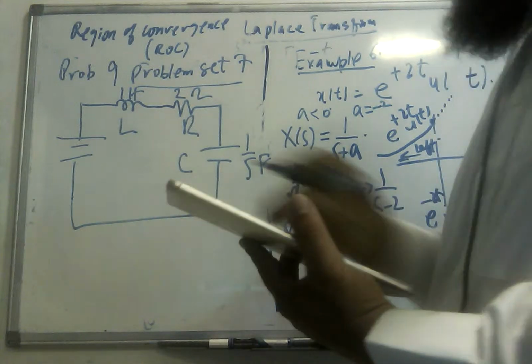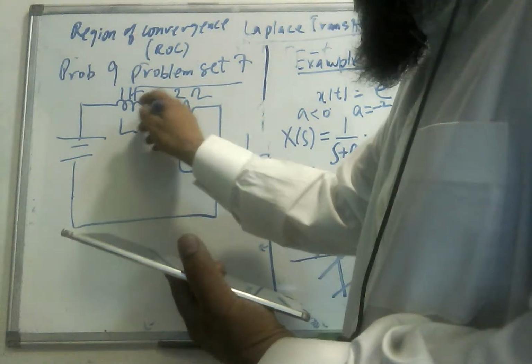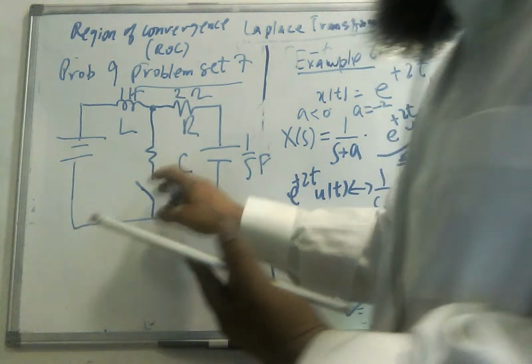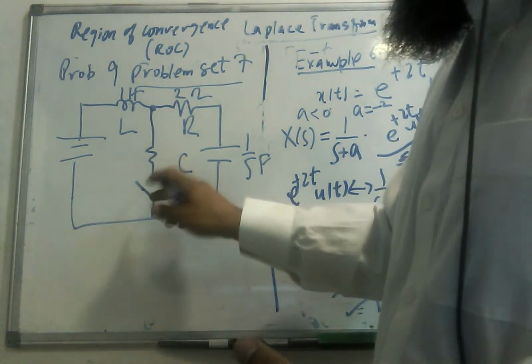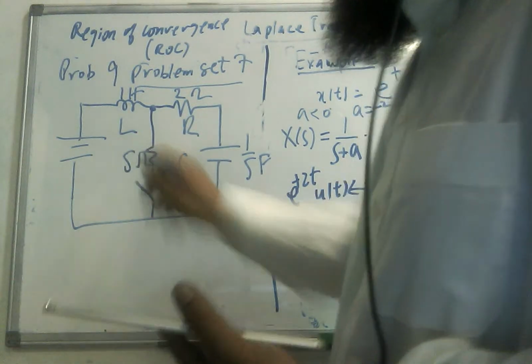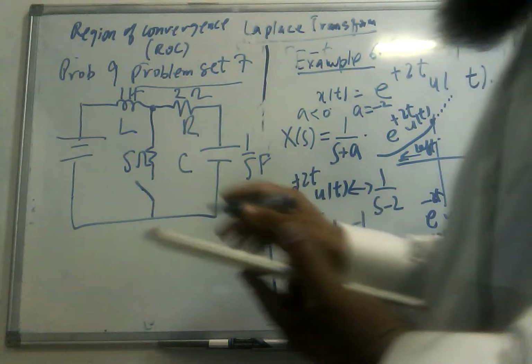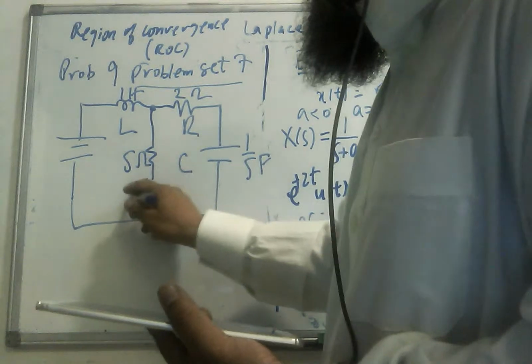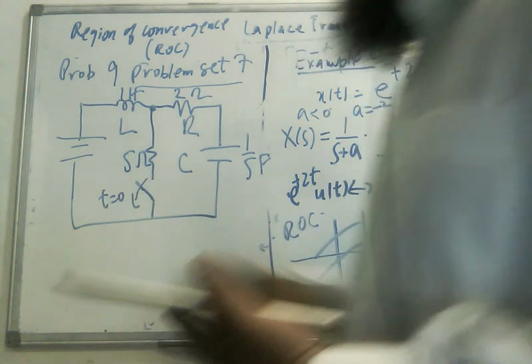Before the switch is opened, the switch is on, and there is a 5 ohm resistance here. At t equal to 0, the switch is opened.